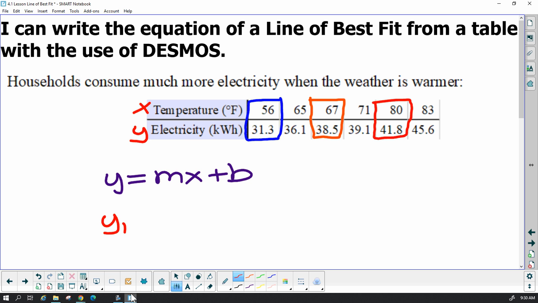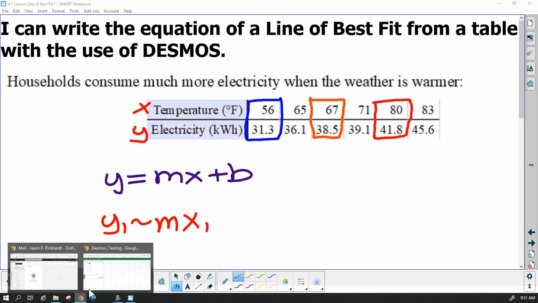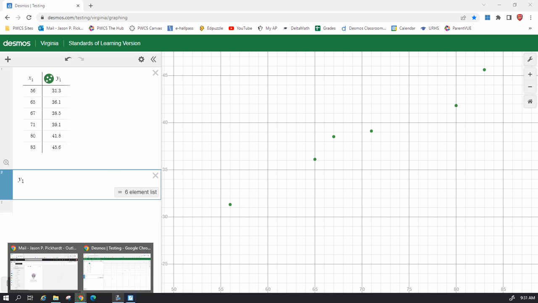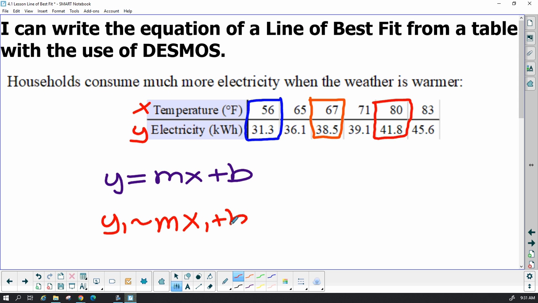And then we are going to use this little squiggly line. And we're going to type m x1 because we have a column that says x1. And then plus b. So we're making sure to label y1 and x1 so that it knows to pull from our table.